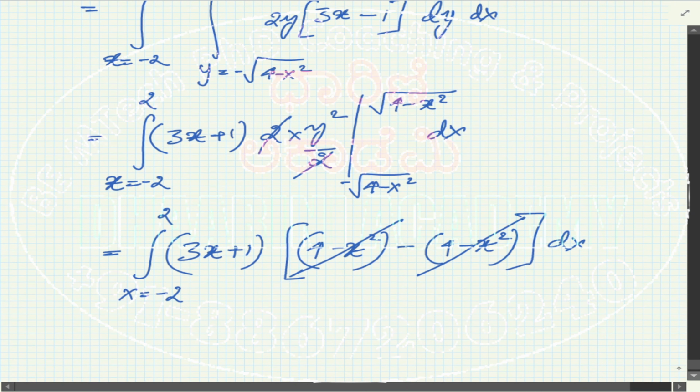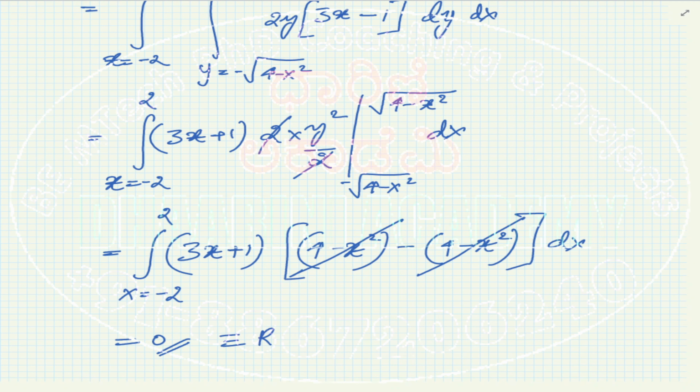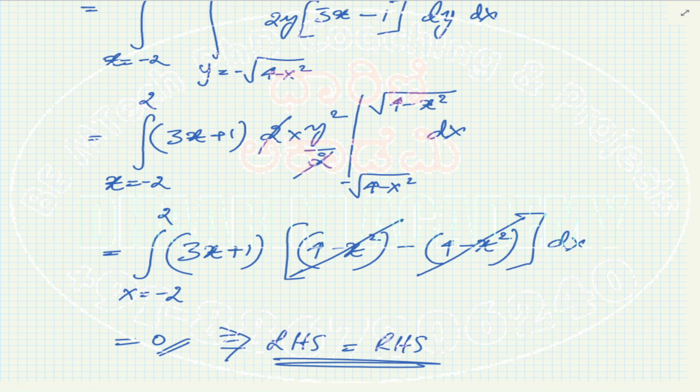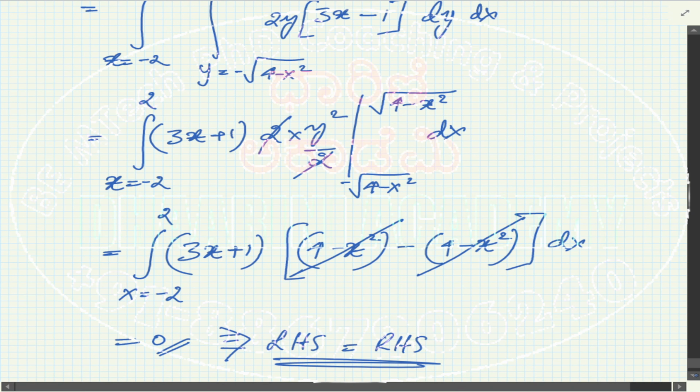So whatever, 3x plus 1 into 0 is 0, and the integration of 0 is 0. We got 0 for the RHS, so we are equating this with the LHS. LHS equals RHS, so hence we proved this. Green's theorem is proved.